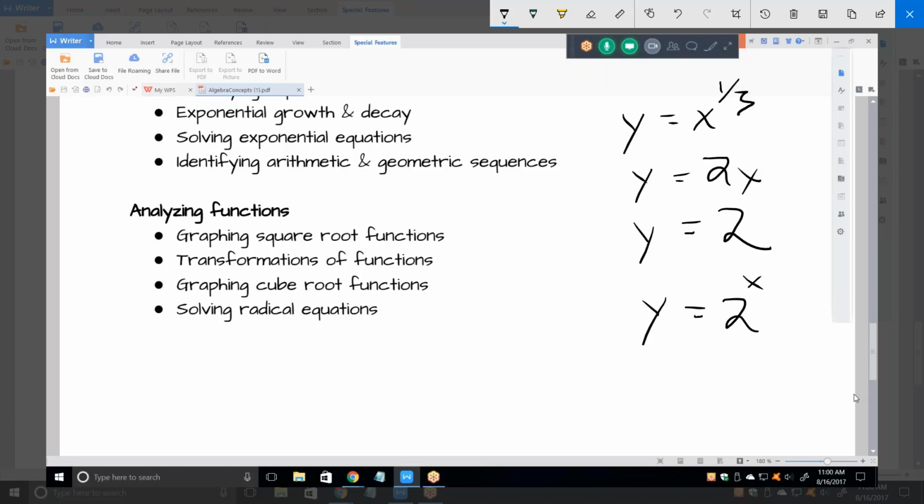First, the first one is algebraic. Second one, algebraic. Third one, algebraic. Fourth one, exponential. Very good.